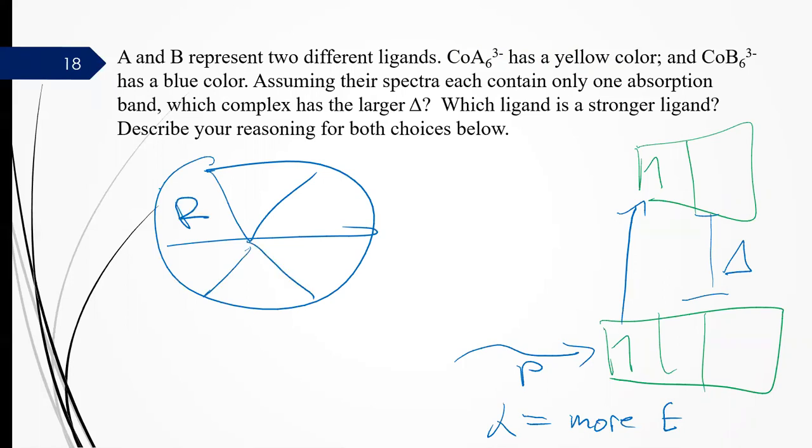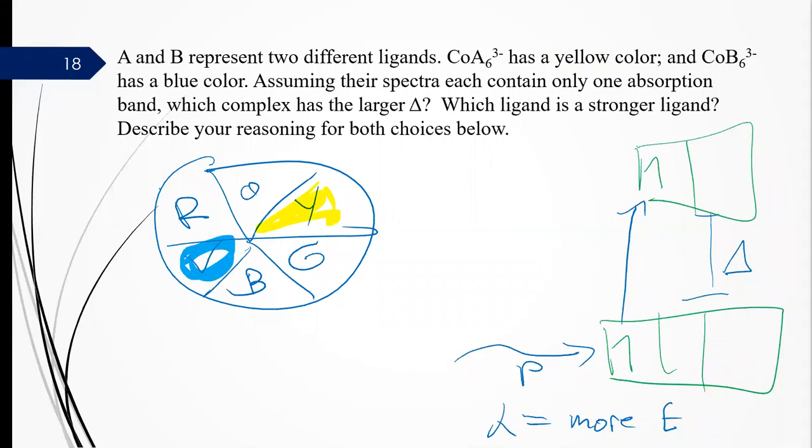You can imagine this is red, orange, yellow, green, blue, violet. If we are seen as something that's yellow, then that means we're absorbing something in this region.